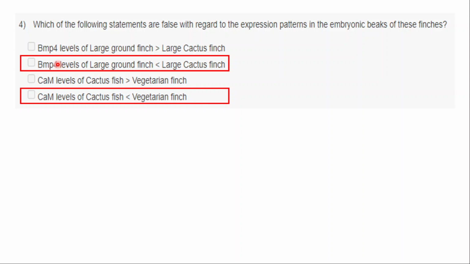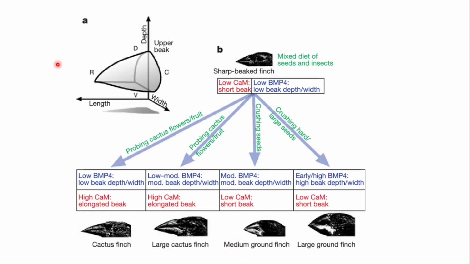So you just have to remember the function of BMP and the function of calmodulin. Then by looking at the diagram, the beak length and the beak width, you can easily tell the level of BMP and CAM in that variety of Darwin finch. And depending on that, they have different feeding strategies.